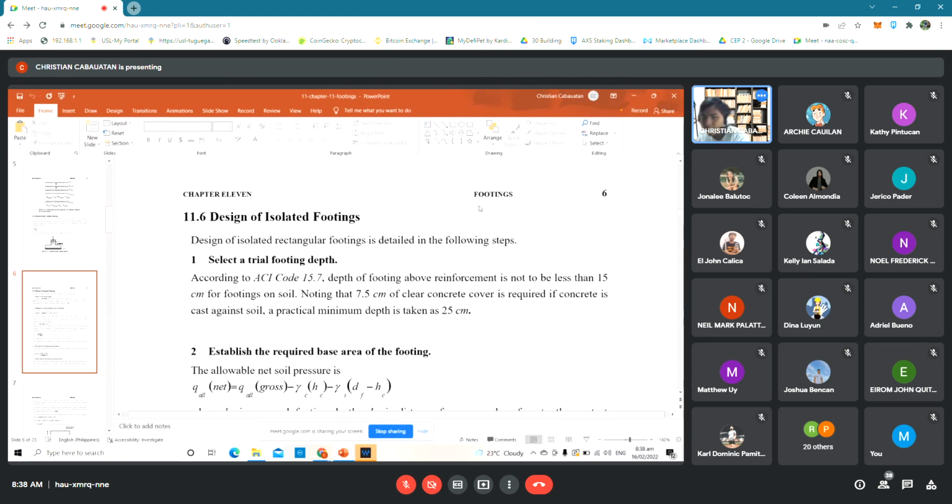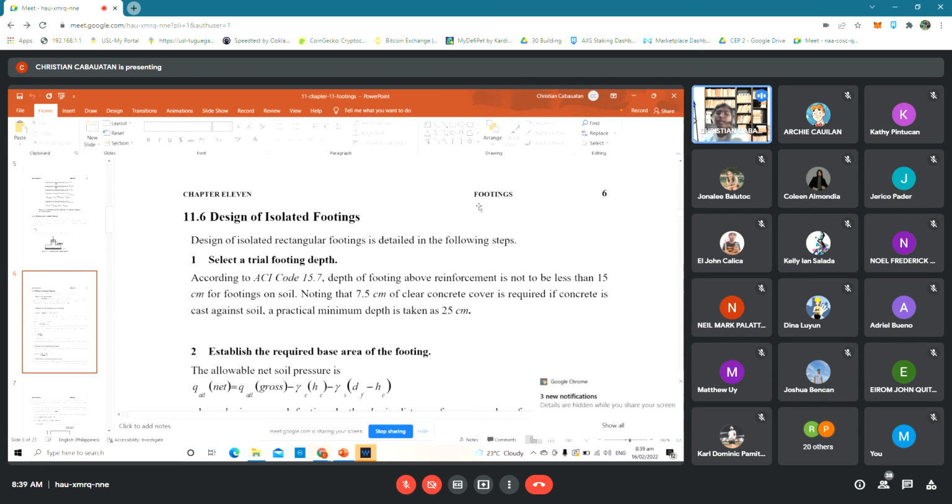I know that you already know what this clear concrete cover means, because it is always tackled during your reinforced concrete or steel design, maybe. I don't think so in soil mechanics one. So, if concrete is cast against soil, the practical minimum depth is taken as 25 centimeters.